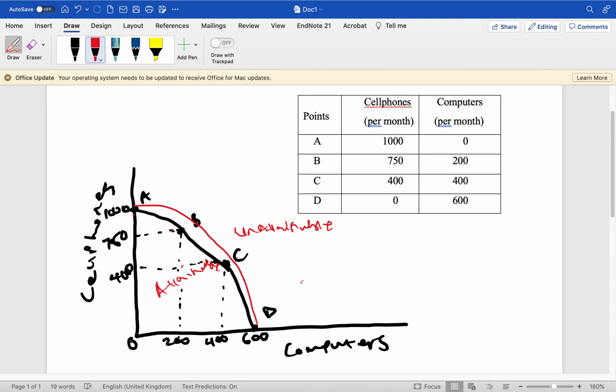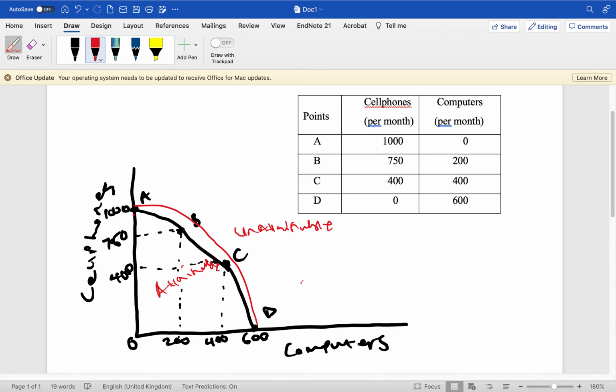So what we are saying is, what if we allocate all the available scarce resources to the production of the other good, which is computers, then we can obtain 600 computers. Remember, the opportunity cost is defined as the value of the next best alternative forgone.